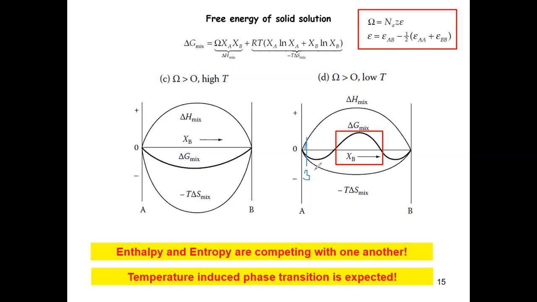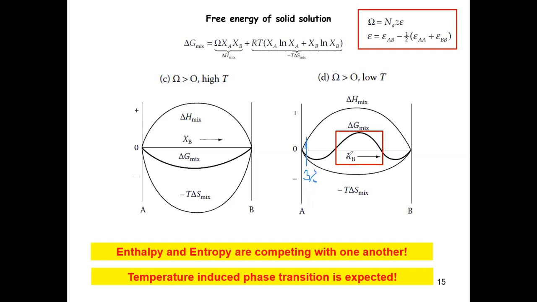In this system, I will not see a phase transformation as we cool the system, probably down to very, very low temperature. For the range we discussed, at high temperature it favors the mixing state, and at lower temperature it still favors the mixing state. So if we have an alloy with only 3% B and A, we will not see a phase transformation for this range of temperature we're looking at.